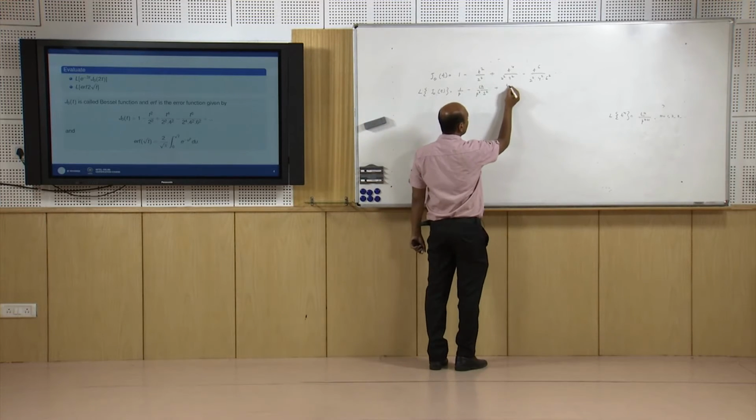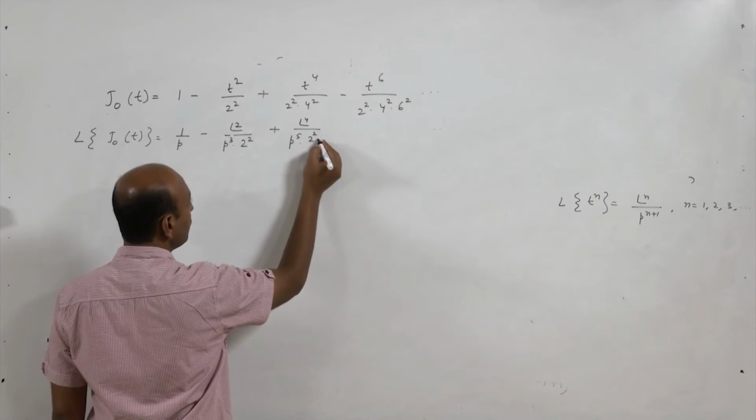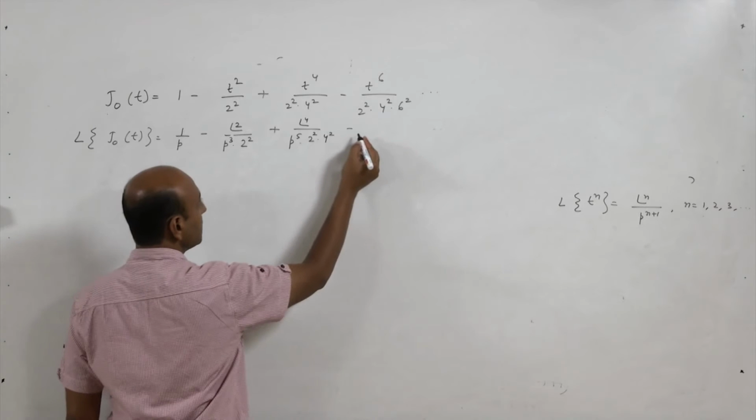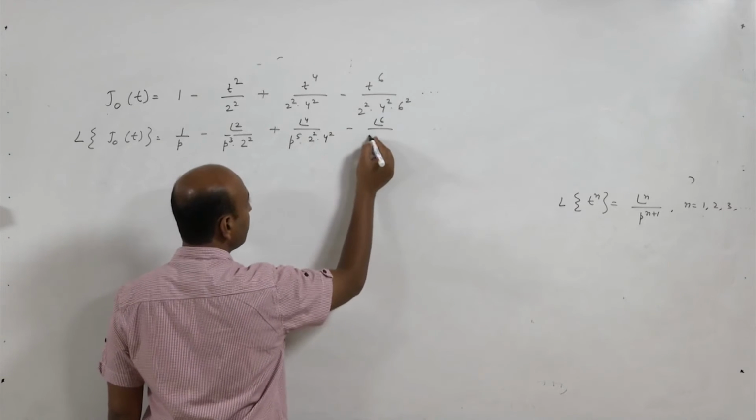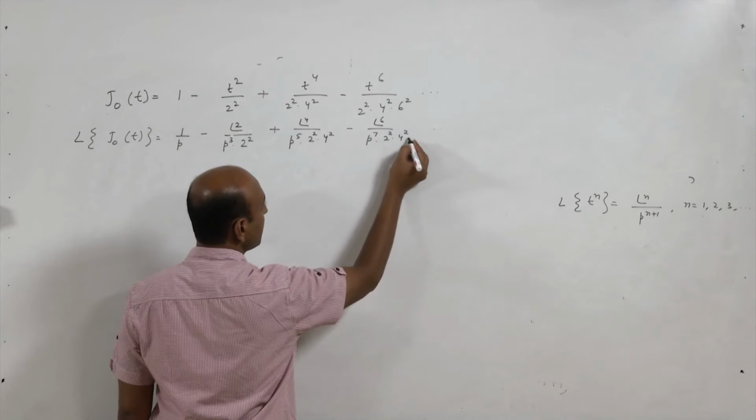So, again it is factorial 4 upon p to the power 5, 2 square into 4 square, minus factorial 6 upon p to the power 7, 2 square, 4 square, 6 square and so on.